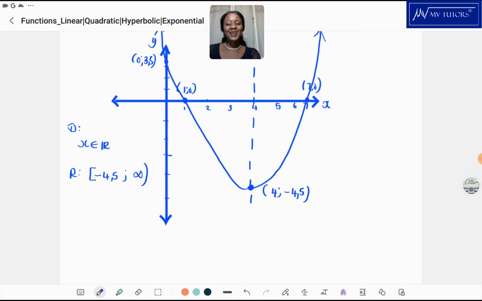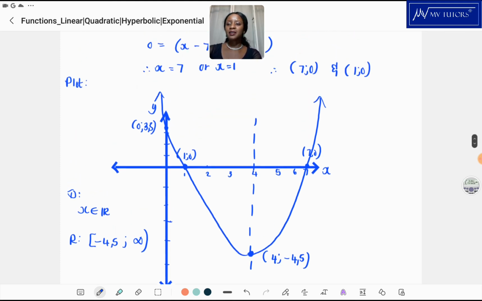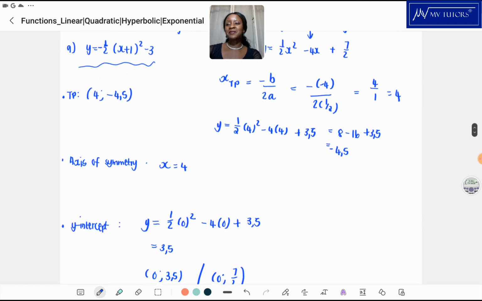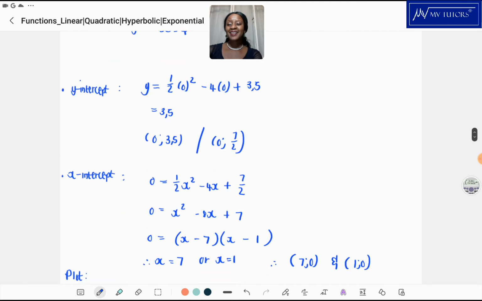I hope you understood how to sketch parabolas. It shouldn't really be a difficult process, as long as you can get the turning point, the axis of symmetry, the y-intercept, and the x-intercepts. If you remember how to do completing the square, then you're good to go.